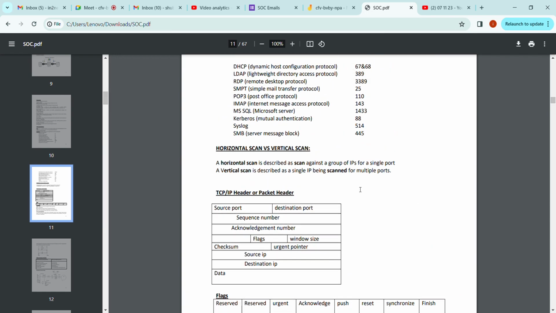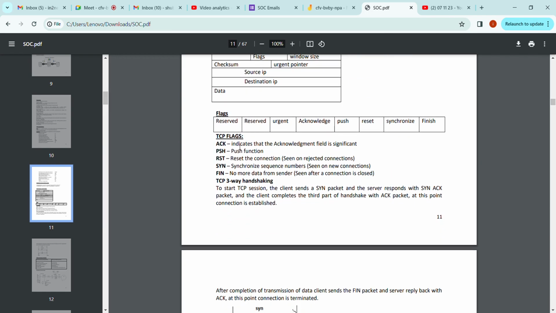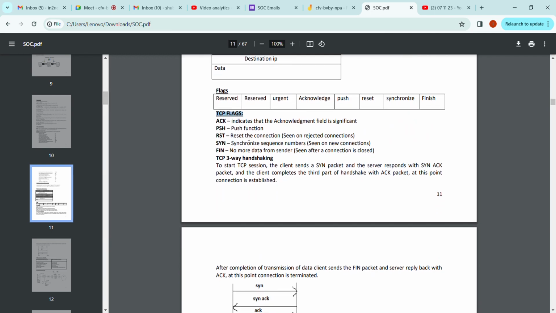Okay, and here are a few of the TCP flags. Whenever the transmission of data is happening, they have some shortcut terminologies. We have the ACK command, which indicates that the acknowledgement field is significant. That means ACK is nothing but an acknowledgement. PSH is the push function. If something did not work out, then it will resend, or repush.